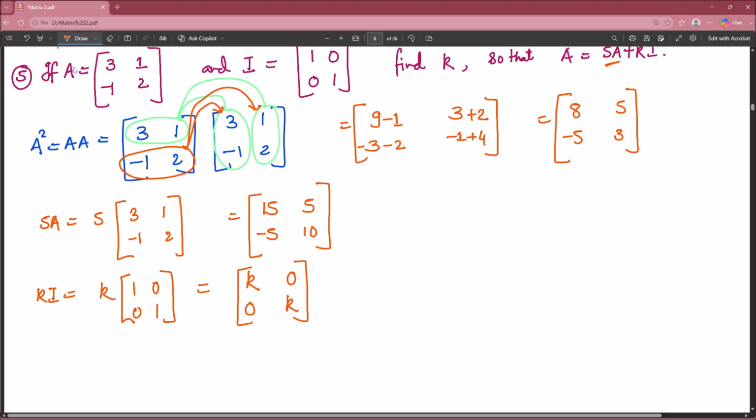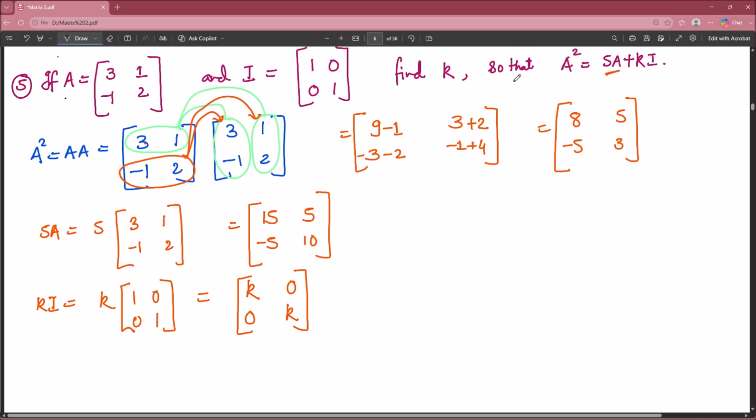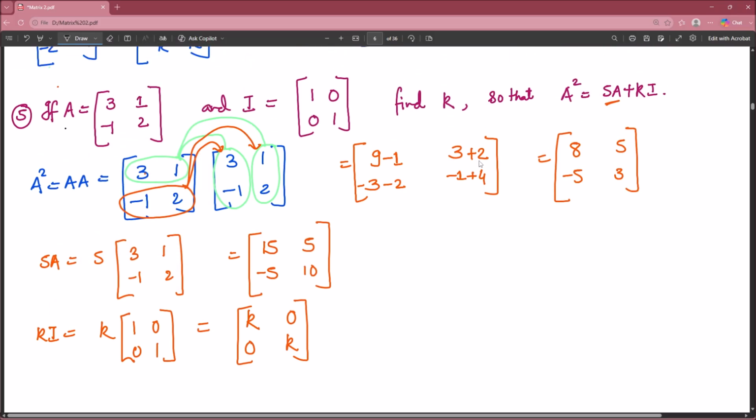Now using the result, we are given that A square is equal to 5A plus kI, or we can write it as A square minus 5A is equal to kI.